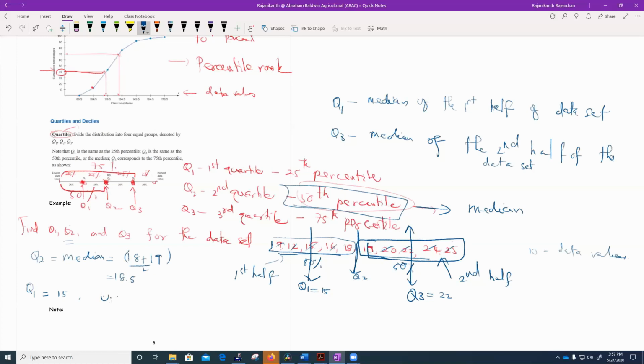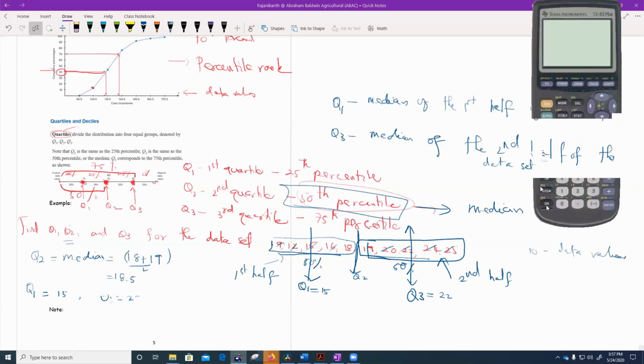Of course, you could use the calculator to find the quartiles. So I will show you about those things now. If you want to find the quartiles, simply go to stat and feed your data values. Let me clear this first. I'm simply typing the data values.